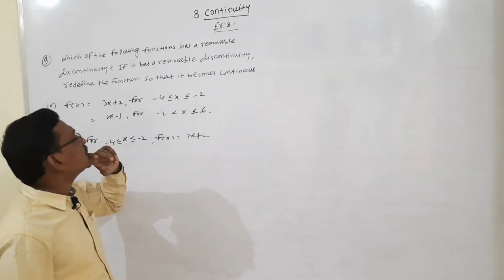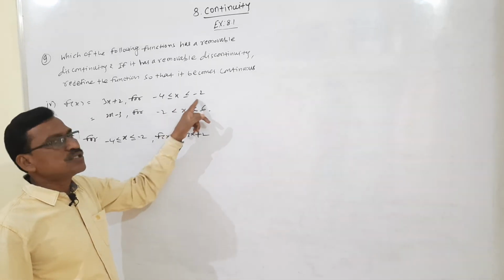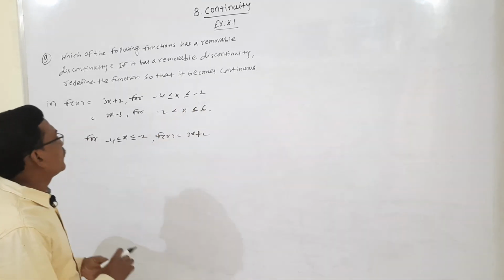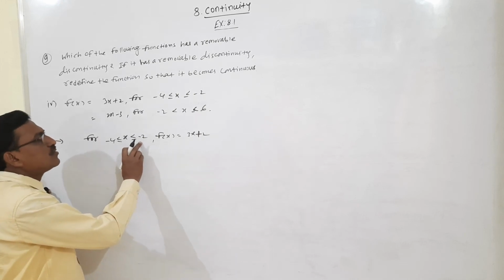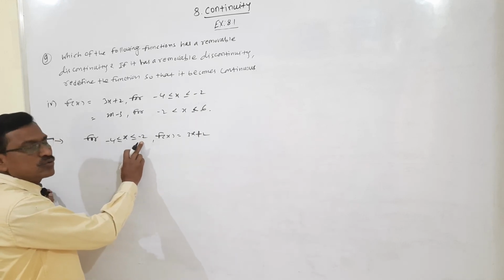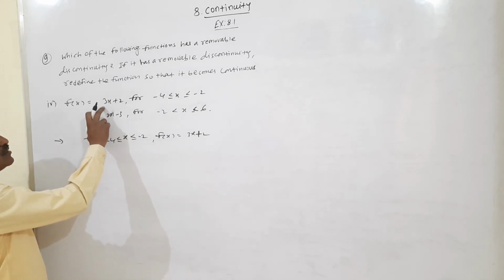That's why we check the continuity at x equal to minus 2 only. Since x is less than minus 2, we apply the left hand limit to this function.